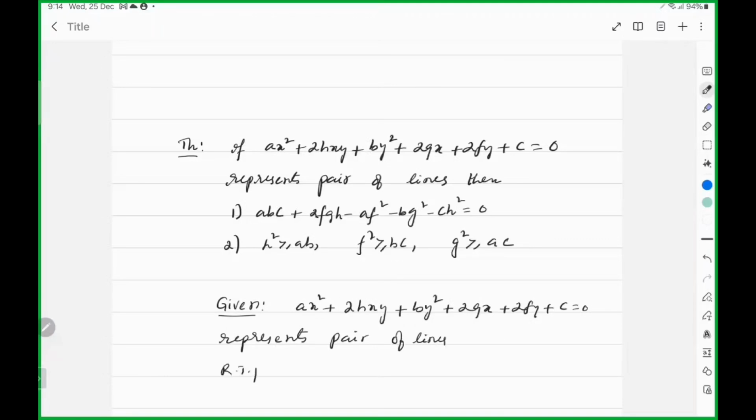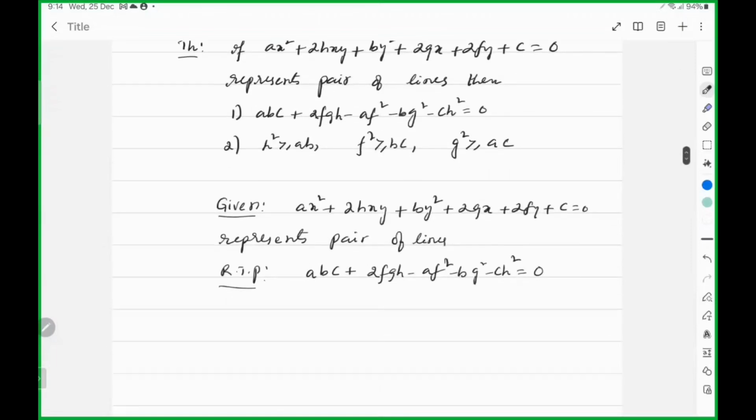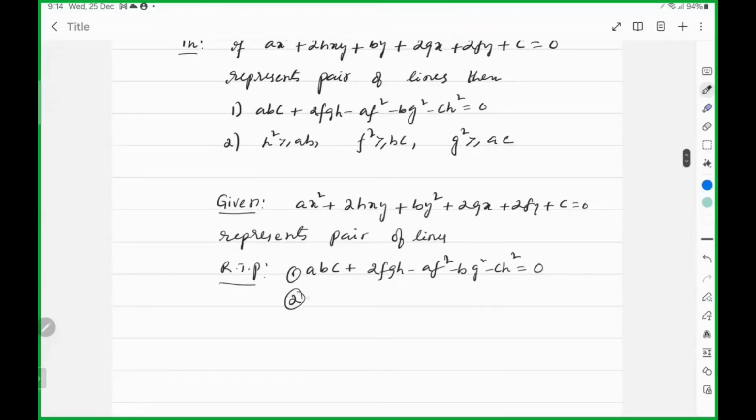Required to prove is abc + 2fgh − af² − bg² − ch² = 0, and another one is f² ≥ bc, g² ≥ ac.